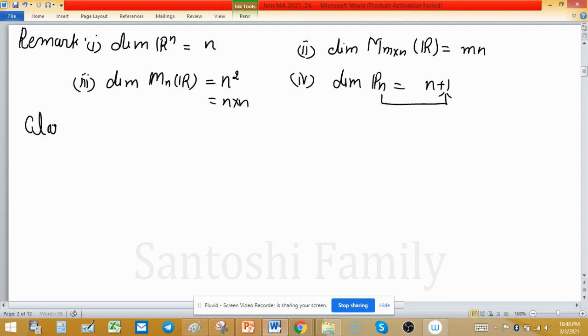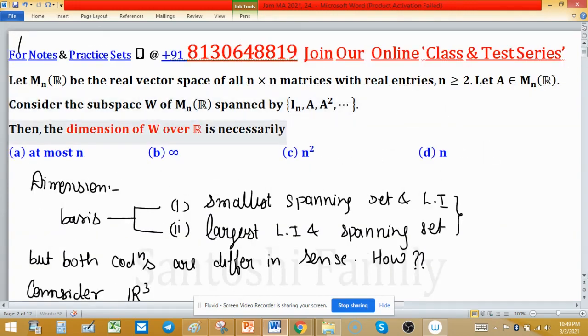Now clearly, by remark, the dimension of Mn(R), as this is a vector space, is n square. So the dimension of its subspace can never exceed n square. So option B, as you can see here, is discarded directly.